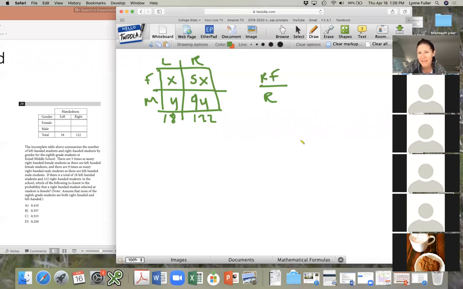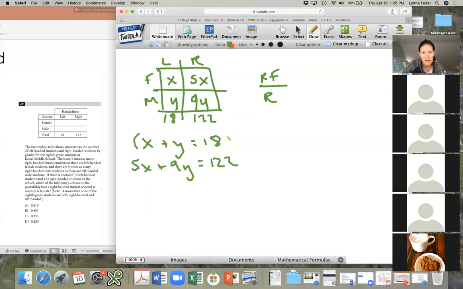But we can't deal with that without raw numbers and variables only. So we have to come up with a system. So I can legitimately say that x plus y equals 18 and 5x plus 9y equals 122. And my goal is to solve for females, so I can eliminate males.